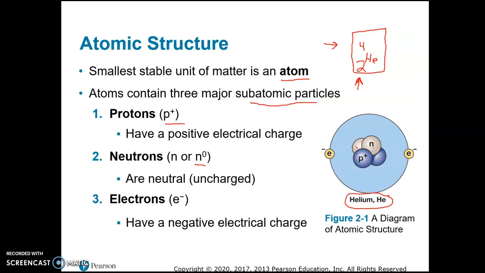Then the electrons have a negative charge, and they are located outside the nucleus in electron shells. And the number of electrons is always going to equal the number of protons, because the negative charges and the positive charges have to be equal to each other so that there's an overall neutral charge on the atom.